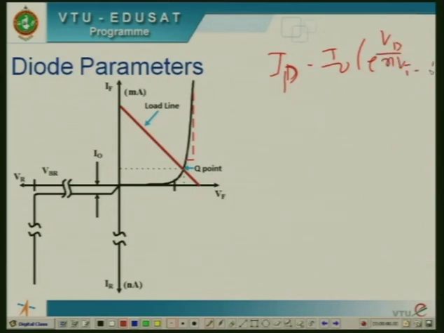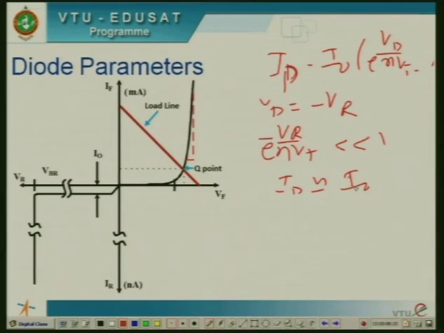When the diode is reverse biased, the diode voltage Vd is negative, minus Vr. Then e to the power of minus Vr by eta Vt is much smaller than 1, so ID is approximately equal to I naught. If you differentiate this reverse current, Rr is approximately equal to infinity under the ideal condition.